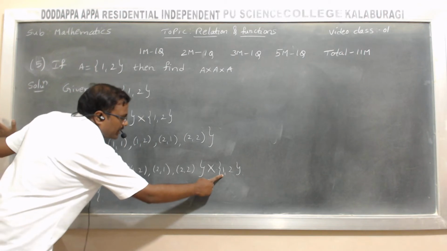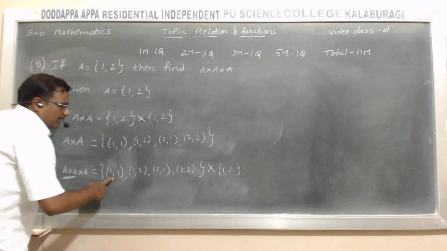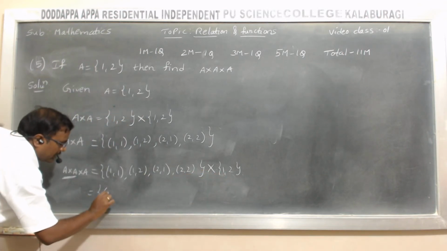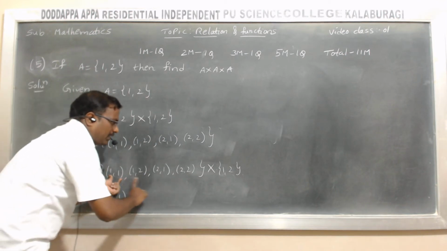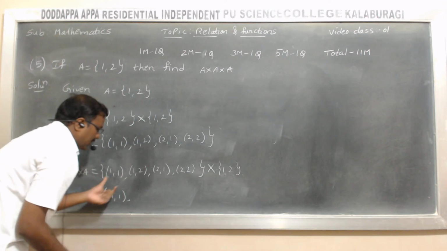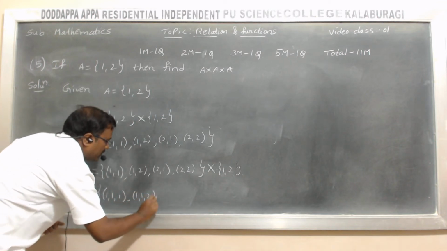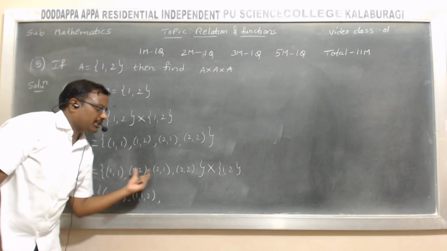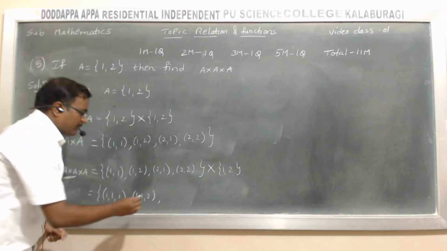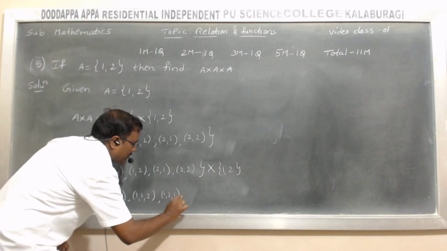Here first element is what? 1. So first element cross first element we get (1, 1, 1). Similarly, first element is related to second element, that is (1, 1, 2). As usual method, second element is related to first element, that is (1, 2, 1).